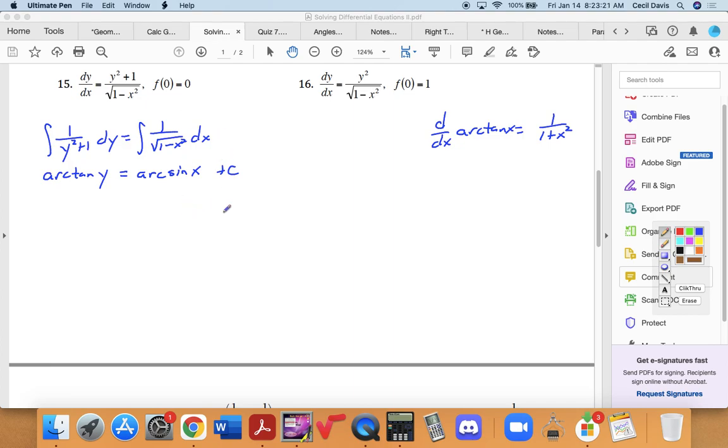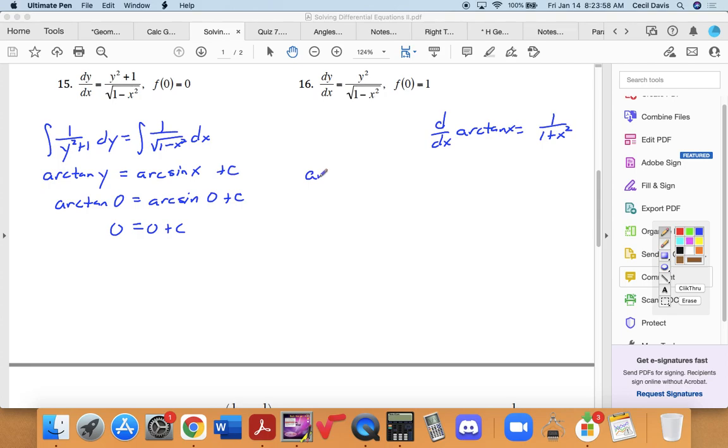So substituting in 0, 0 to find c, I've got the arctangent of 0 is equal to the arcsine of 0 plus c. Tangent is 0 at 0, so that's 0. Where is sine 0? At 0. So c turns out to be 0, which is kind of nice.